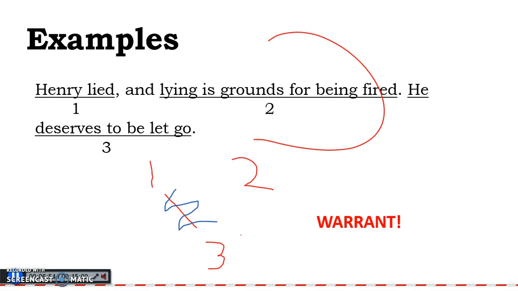So I don't draw 2 separate descending lines for 2 separate supporting reasons. I draw this, a connecting horizontal line, and then from that connecting line, a descending vertical line to 3. Instead of 2 separate descending lines for 2 separate reasons, 1 and 2 are in conjunction, working to produce, logically, number 3. So that's our third example.